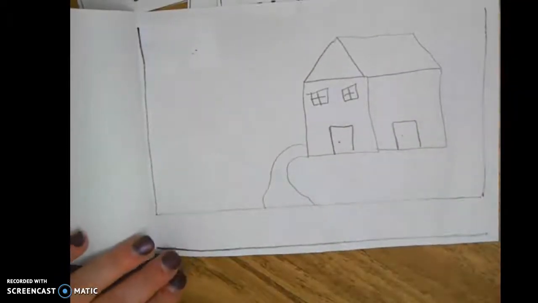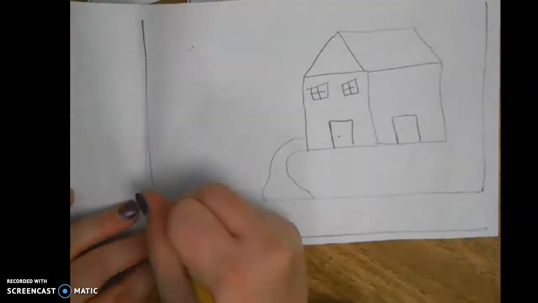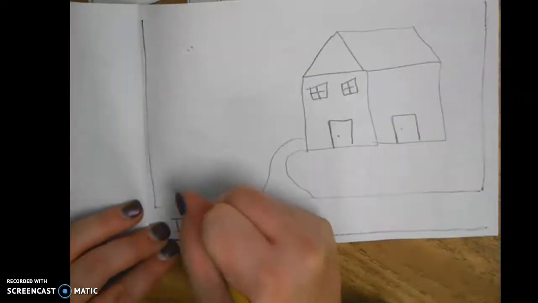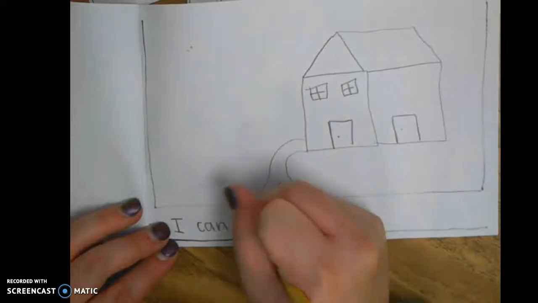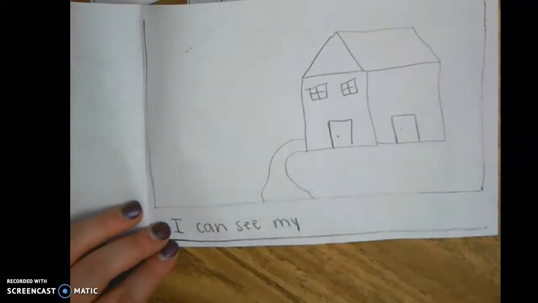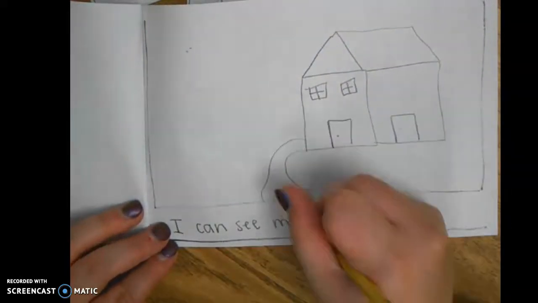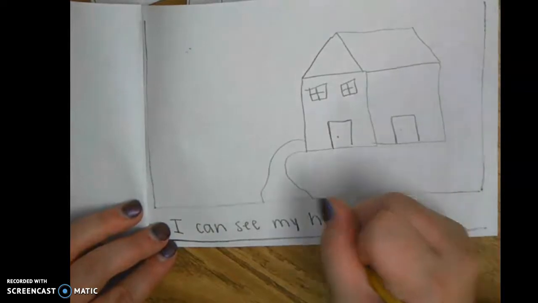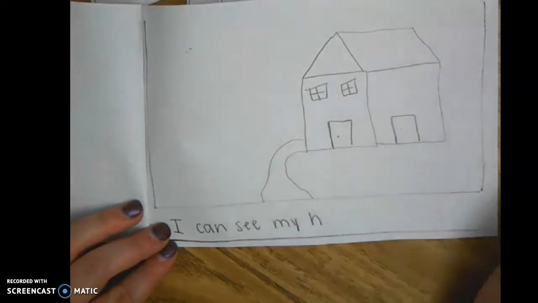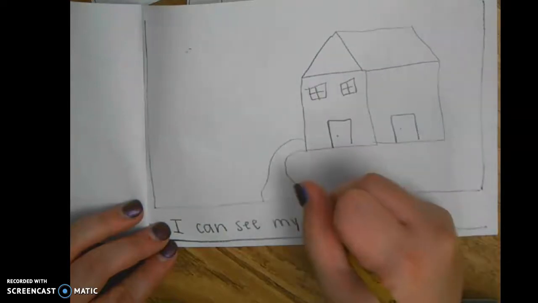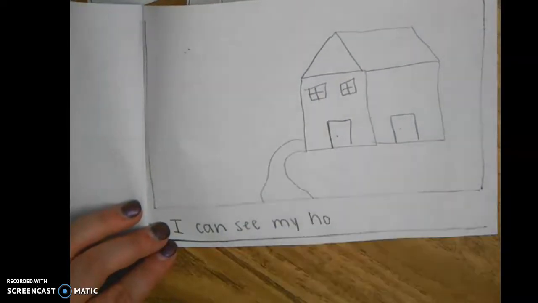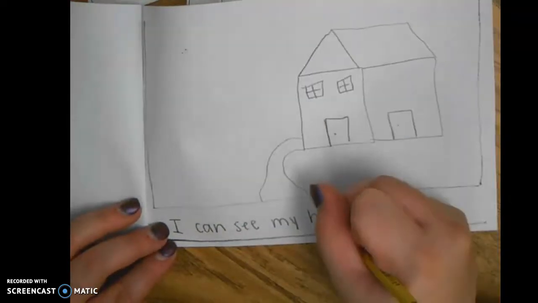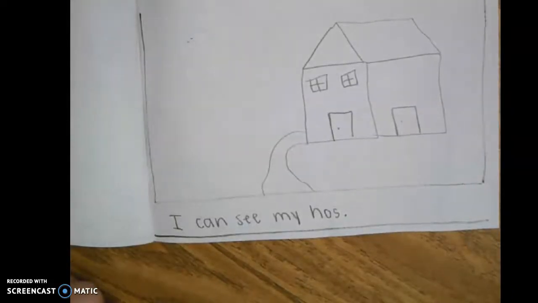And then on the last page, we're going to talk about my house. So the same sentence. I can see my house. Ow, ow. We haven't talked about the ow sound, but I know it has an O. Ow. I can see my house.